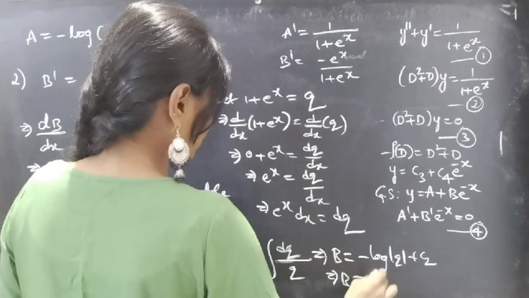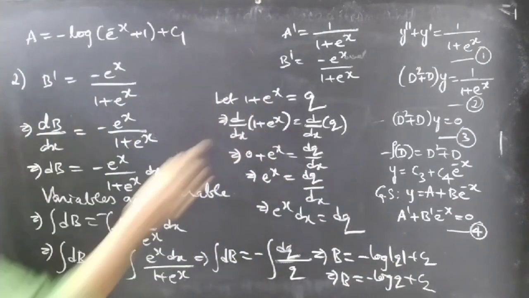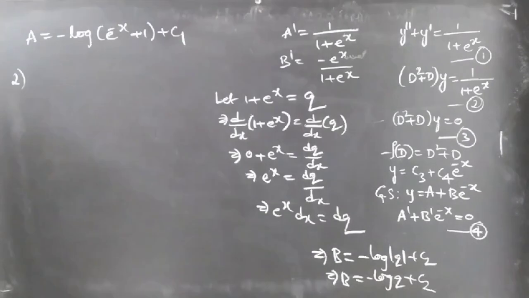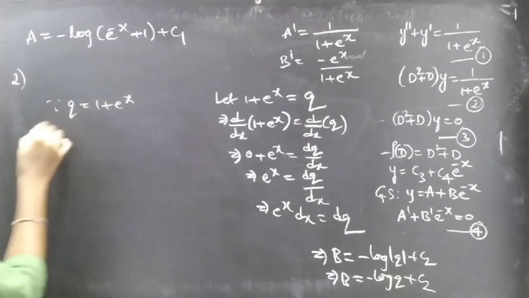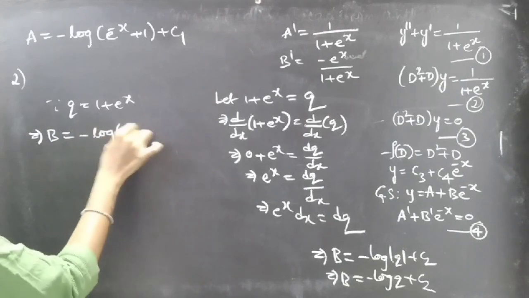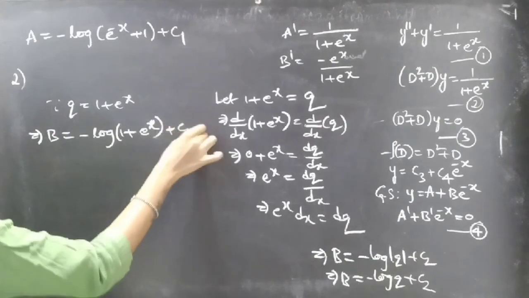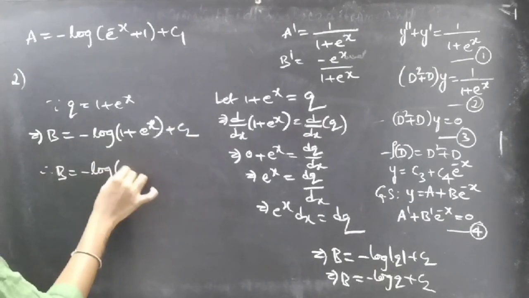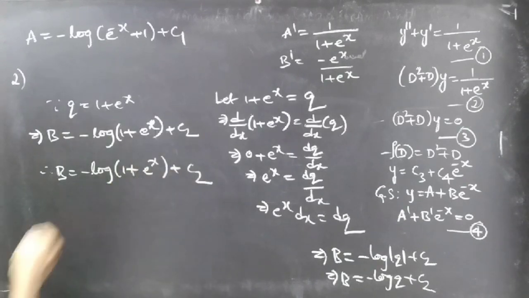We'll get b equals minus log q plus c2. Now replace q with 1 plus e power x. Since q equals 1 plus e power x, b equals minus log of 1 plus e power x plus c2. Therefore, b equals minus log of 1 plus e power x plus c2.